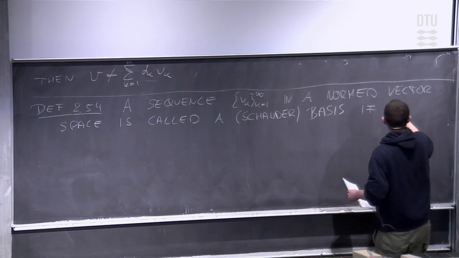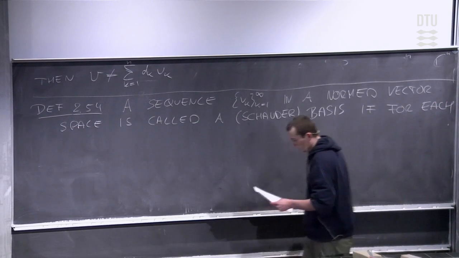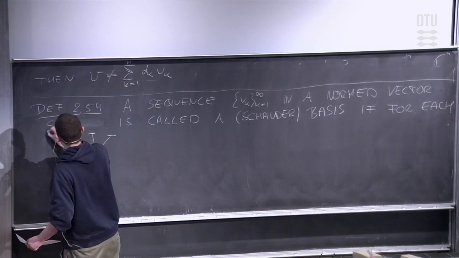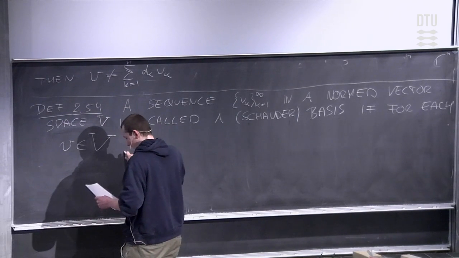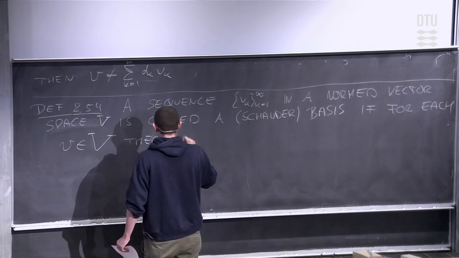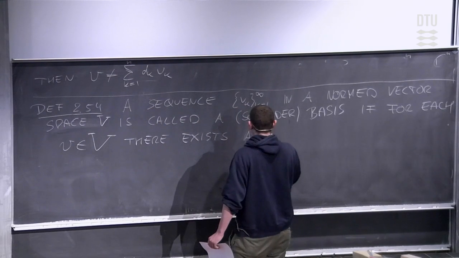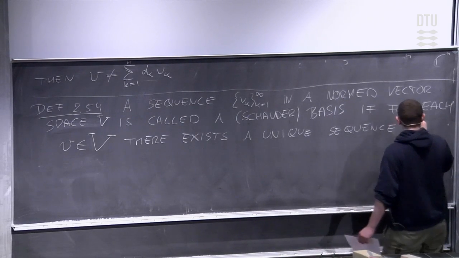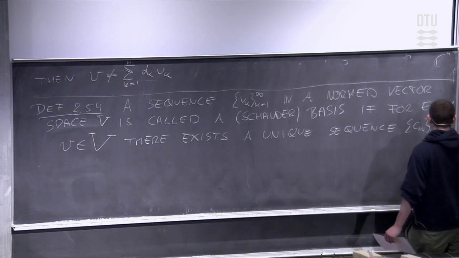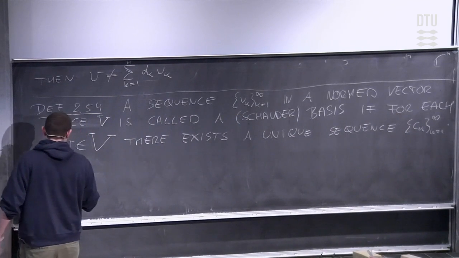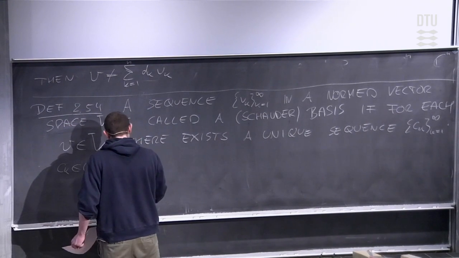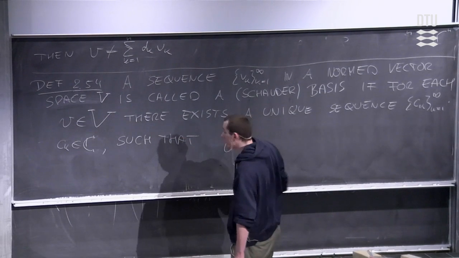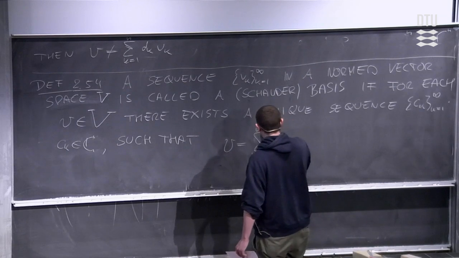So basis if for each vector v in our space V there exists a sequence, we could call it ck from 1 to infinity, where all ck again are complex numbers, such that, well, what do we need? We need, of course, something which reminds of this, but now instead of a finite sum, we have an infinite sum.